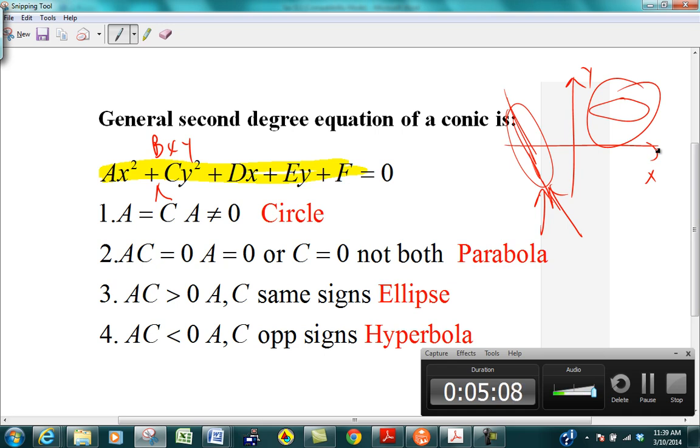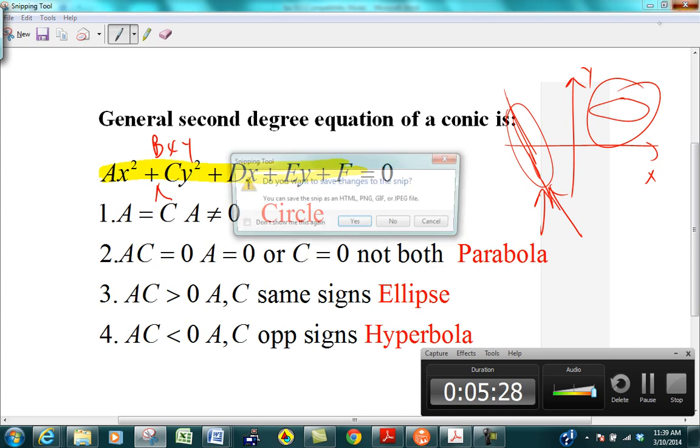And when B comes into the picture, there's another way of classifying these conics. It'll be tied to what we are learning today, a simple extension, not a whole new thing that you have to learn.